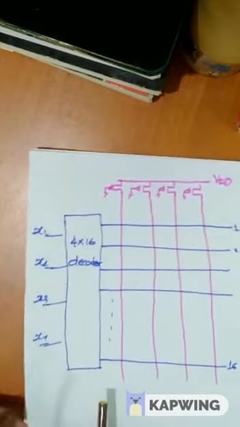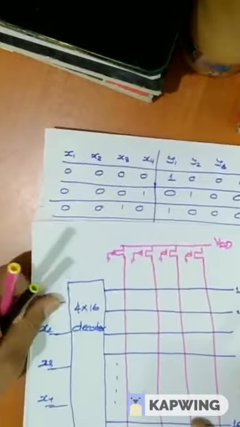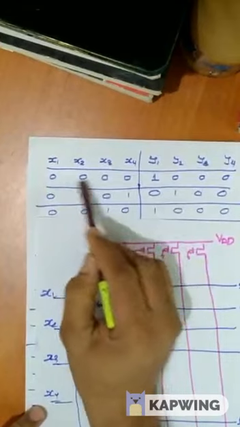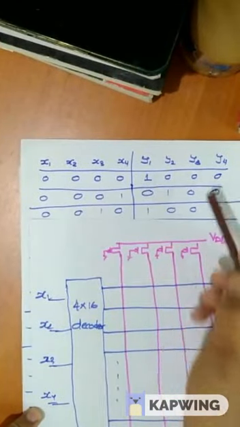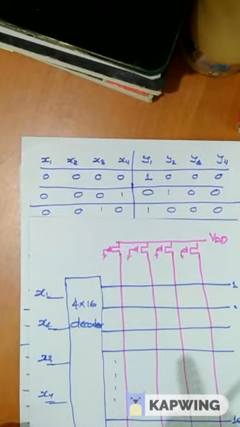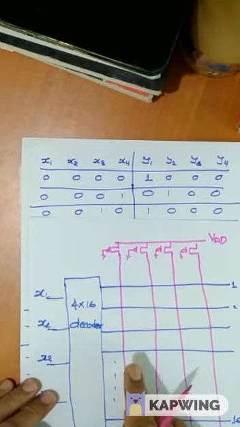So the first pattern is, we have seen this first pattern, and I have put something like this. 0 0 0 0 is the input pattern. Correspondingly, there is 1 0 0 0. 1 0 0 0 means it's a NOR ROM connection. NOR ROM connection means whenever there is a 1 to be represented, there won't be a transistor. There will be a transistor for representing a 0.